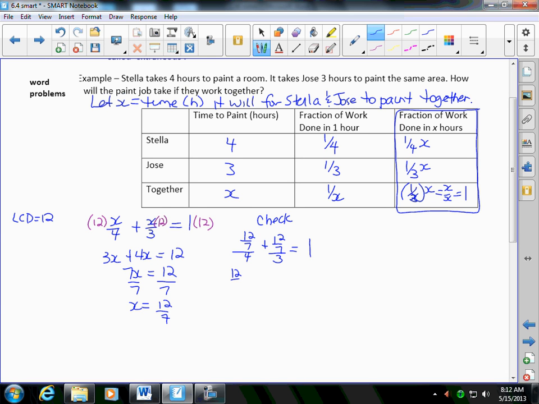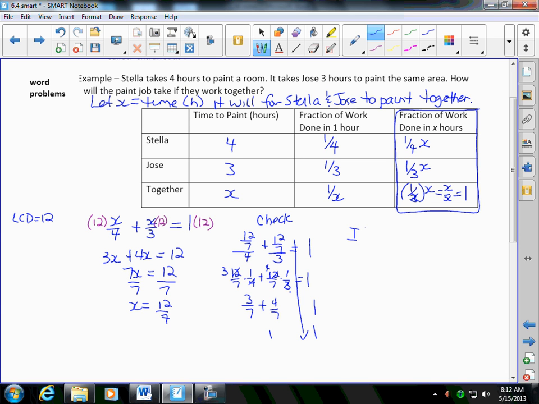So this is 12 over 7 times, if it's a 4, divide by 4, so I'm multiplying by 1/4, plus 12 over 7, if I divide by 3, I multiply by a third. So I have 3/7 plus 4, so that leaves me with 4 over 7 equals 1, so 1 is equal to 1.